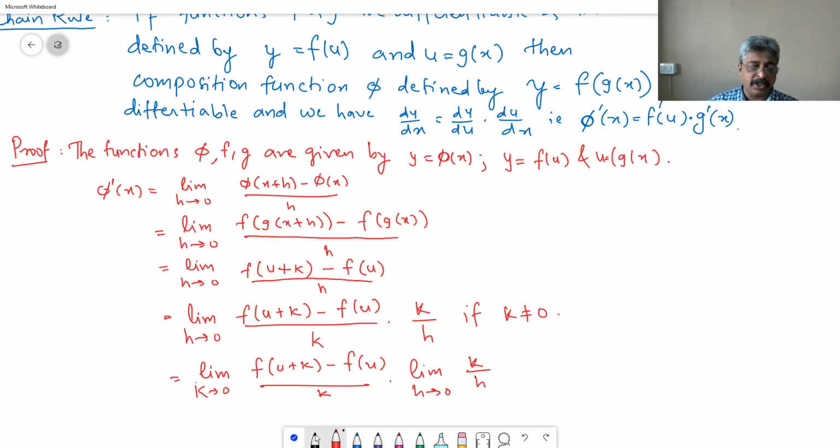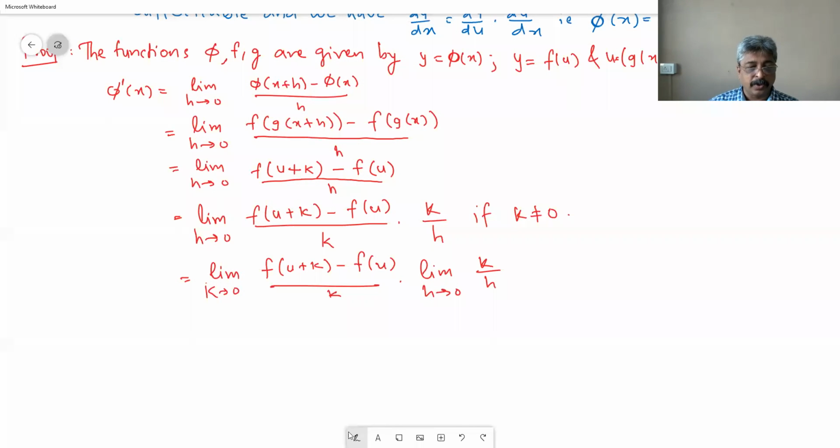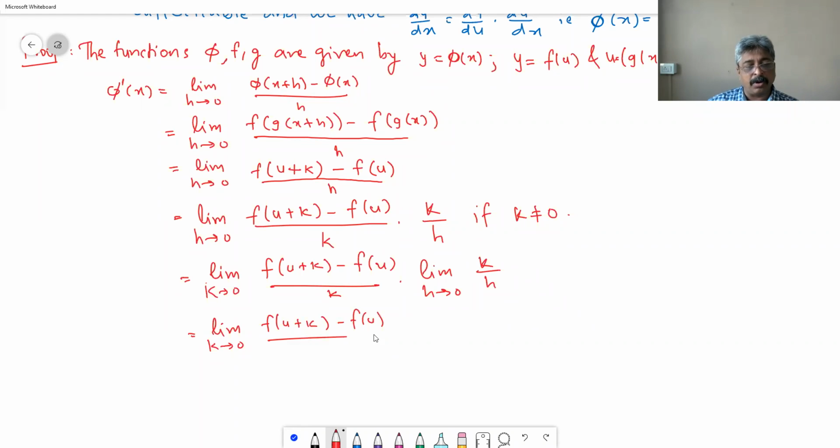However, what is k and what is h? If we substitute, we get the desired proof. This is equal to limit k tends to 0, f of u plus k minus f of u upon k into what was our k? K was our g of limit h tends to 0. It is g of x plus h minus g of x upon h.